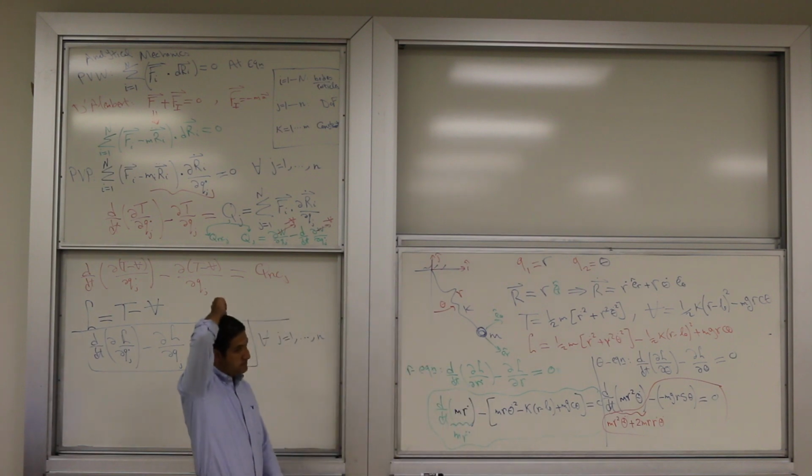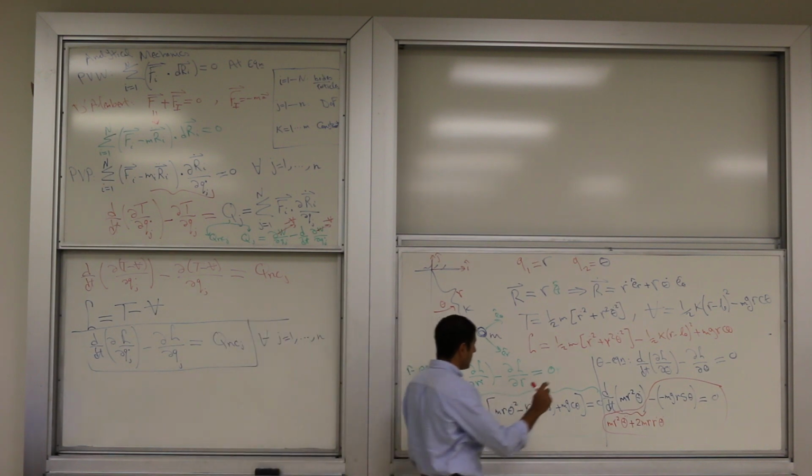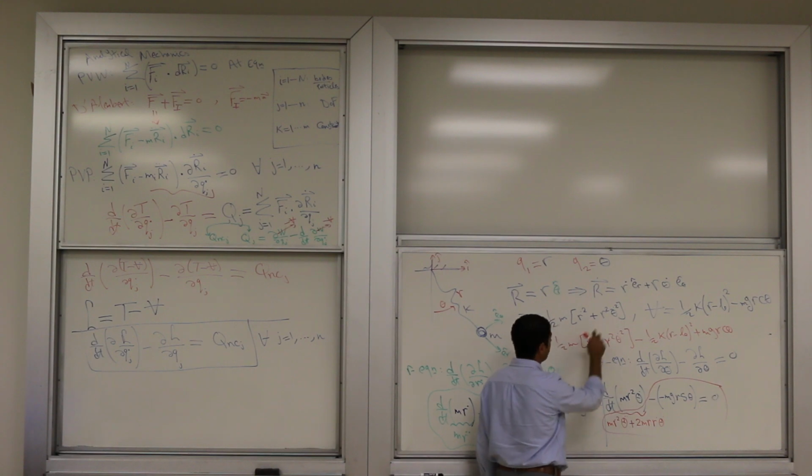Yes, you? Good question. So when you took the partial of r, the r equation, there's r dot squared plus r theta dot squared, right? Coming from here. I'm copying this.